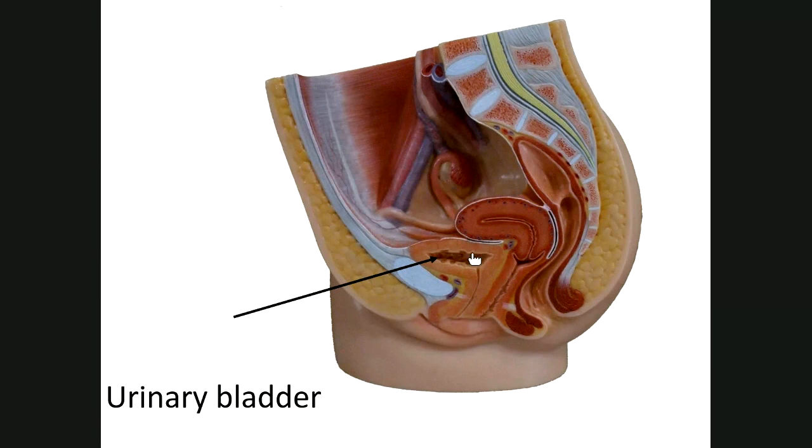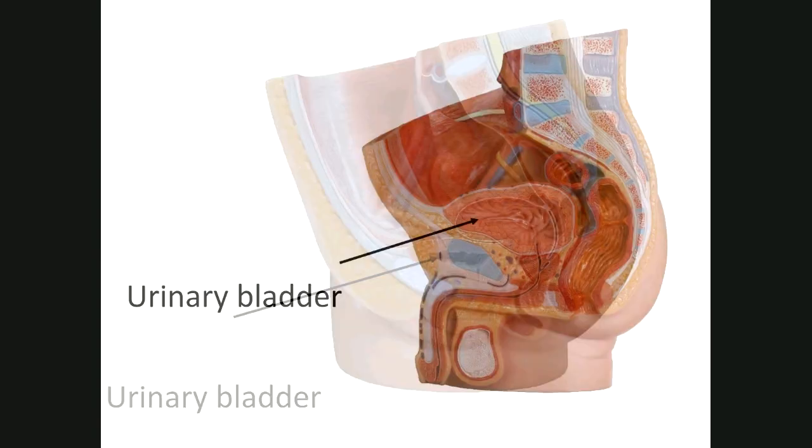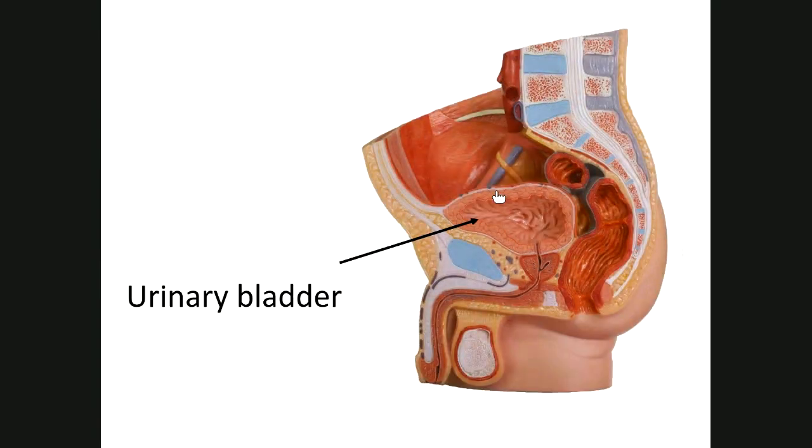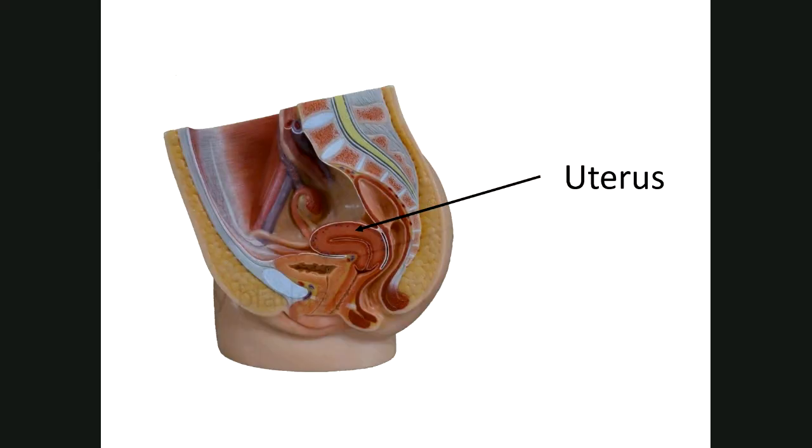So it's right there in the front, pushing, pushing, pushing. All right, here it is on this model here. Okay, so you can see right behind the urinary bladder in front of the rectum is the uterus.